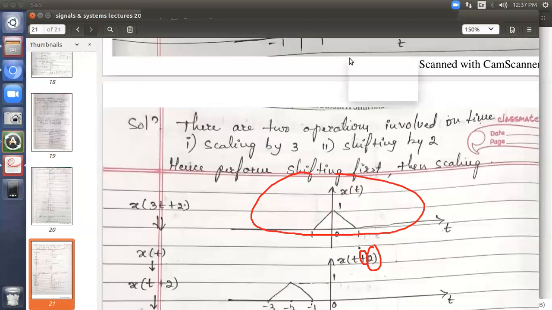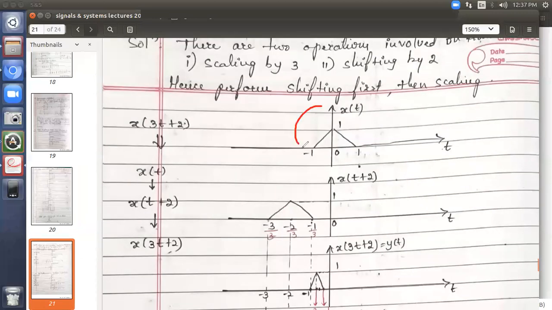If I shift the signal to the left by 2 units, we are now at -1, shifted by 1 unit, shifted by 2 units. So -2, -3. The signal will be at -3. Now similarly, take the 0 point, which is the maximum, shift it by 1 unit, 2 units, it will be at -2. At -2, highest amplitude.